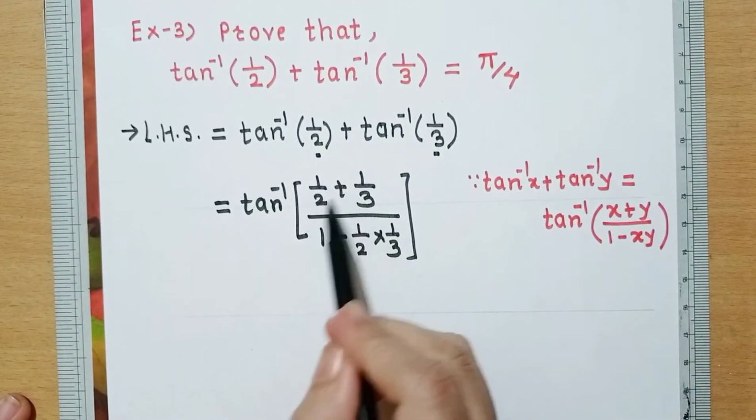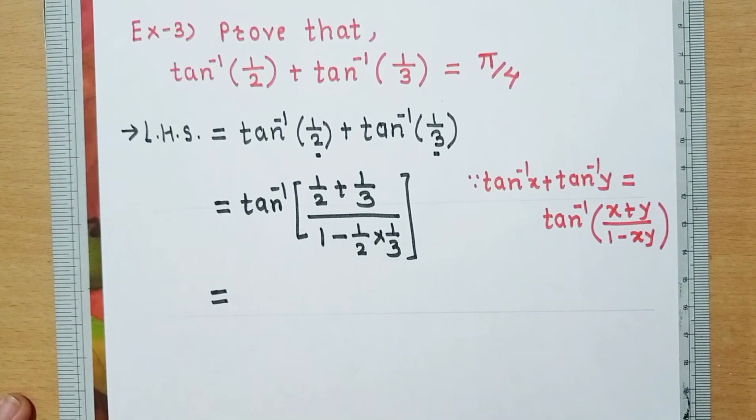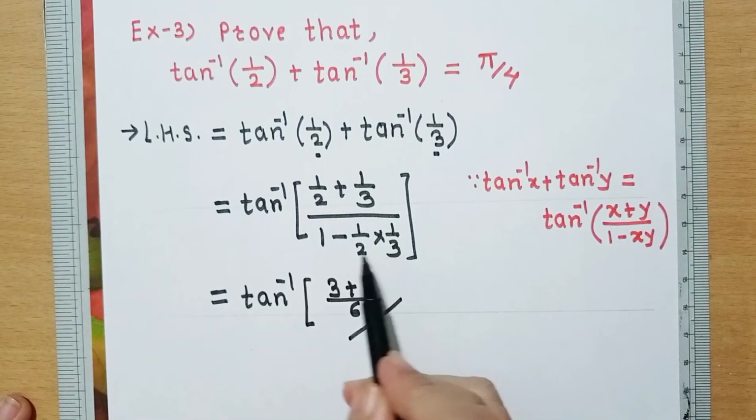Now here we will make the denominator same by cross multiplication and so we have, and here also 3 twos are 6, and again we will make the denominator same.